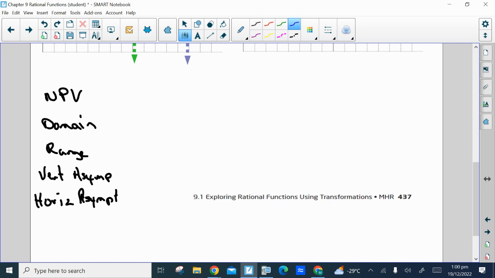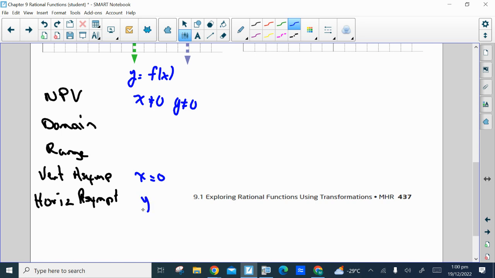And we'll start with the original equation, y equals f of x, which was our 1 over x squared. And the non-permissive value for that was that x cannot equal 0, and also y cannot equal 0. And those come directly from our asymptotes. Our vertical asymptote is the line x equals 0.